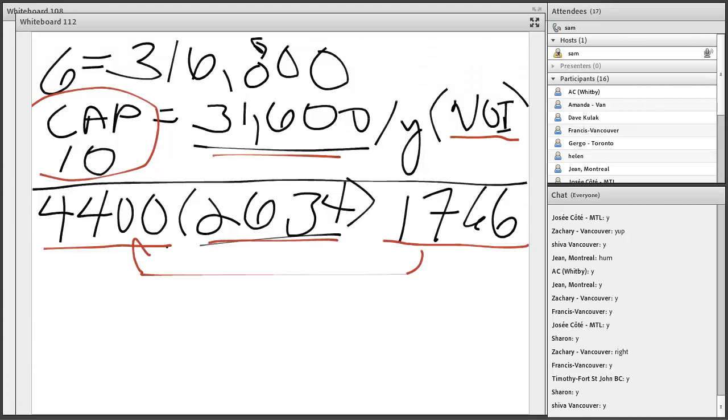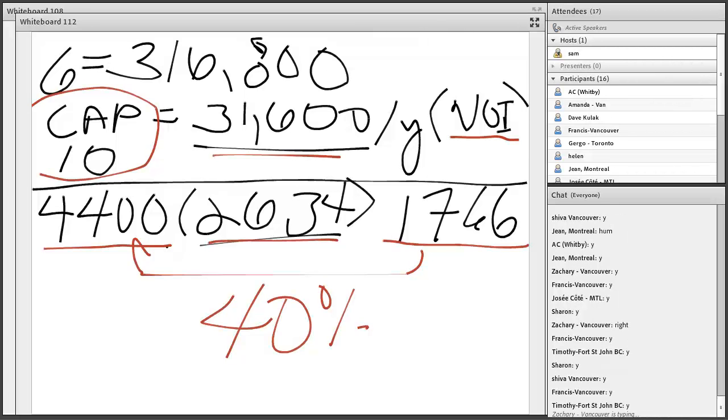Everybody got that? Good. So if I divide this number by this number to give me an expense ratio, how much of the rent is going to expenses, I have 40% going to expenses. Everybody see that?